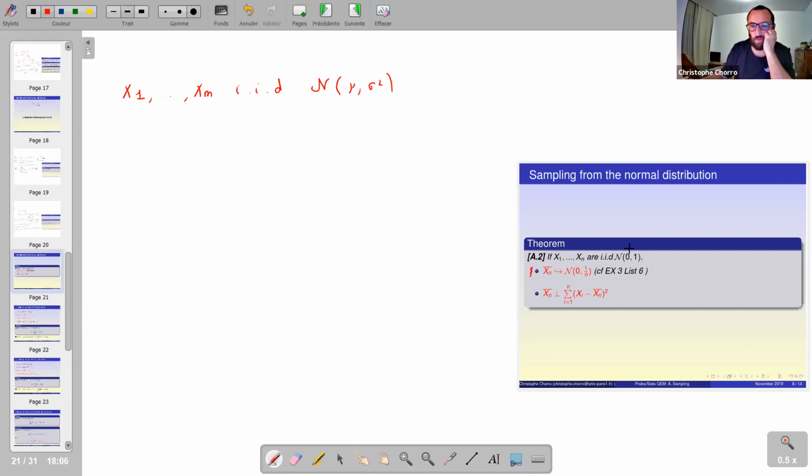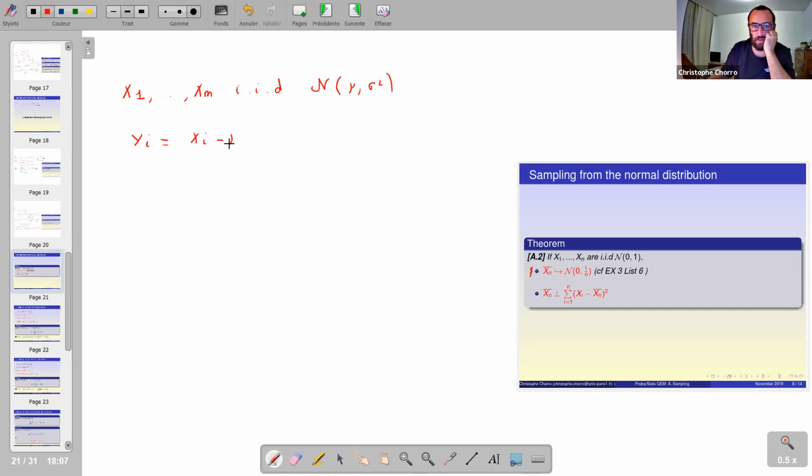The idea is to pass from a statement inside the N(0,1) to something that has N(mu, sigma squared). And as you know, it is possible to transform N(mu, sigma squared) into N(0,1) this way.